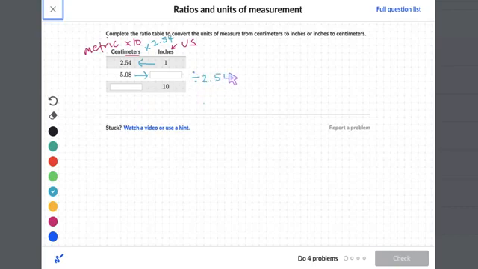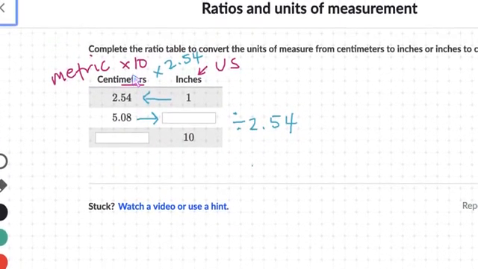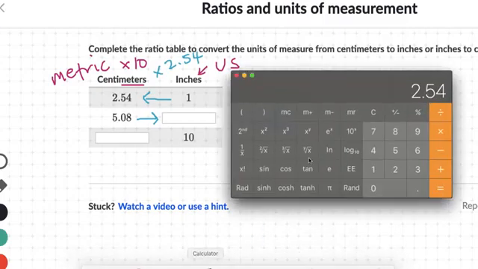Same relationship, 2.54. So now we're going to take 5.08, or 5 8/100ths, and we're going to divide by 2.54, 2 54/100ths, to get that answer. So we have 5.08 divide, because it's opposite, by 2.54, and we get 2.